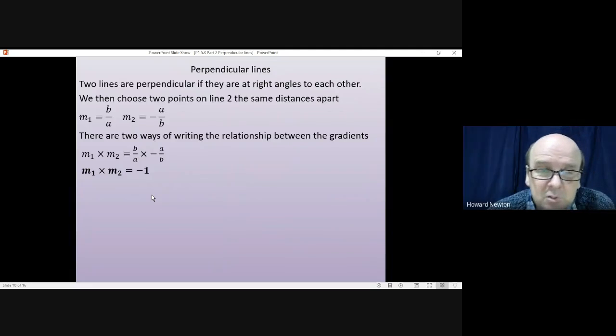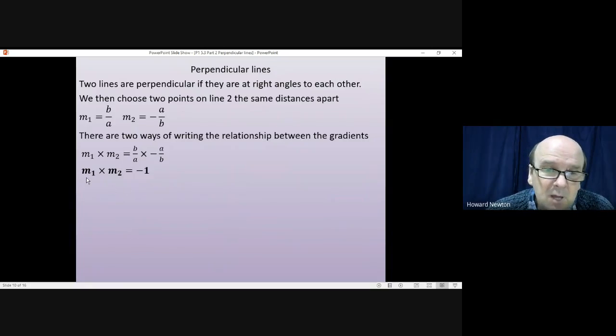So when two lines are perpendicular, the product of their gradients will always equal minus 1. Also, the other way around, it's true. If you have two lines and you know that the product of their gradients is minus 1, that means those two lines must be at right angles to each other. They must be perpendicular to each other.